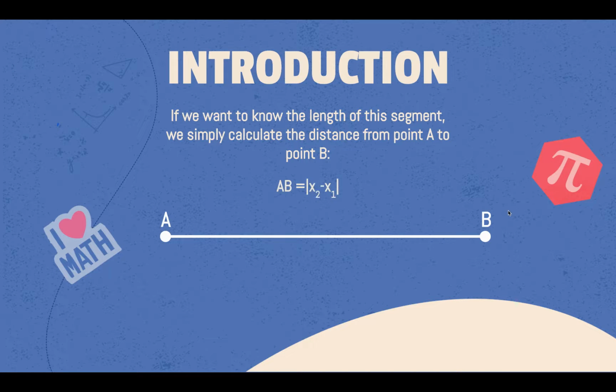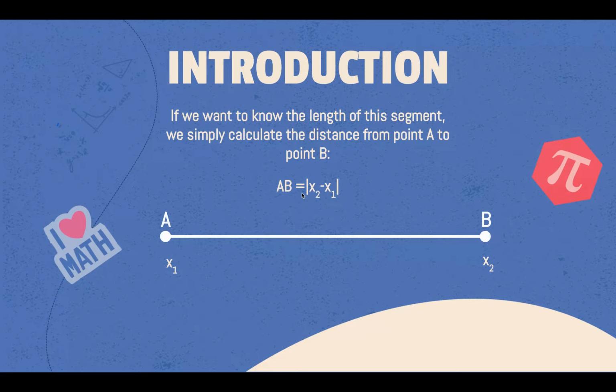Okay, so there's going to be some coordinates. There's going to be an x1 and an x2. These are going to be numbers. Okay, so for example, if B was sitting at 5 and A was sitting at 2, how long would this be? 5 minus 2, which is 3. So the formula is AB is equal to the absolute value of x2 minus x1.